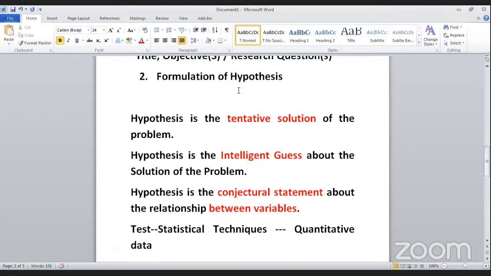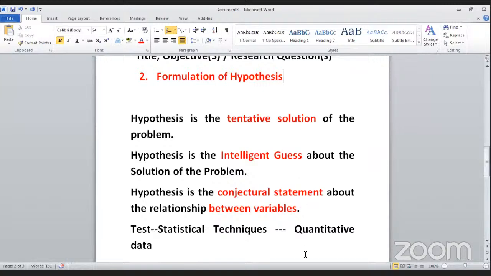If you do not have quantitative data, then you cannot formulate the hypothesis. So formulation of hypothesis is not compulsory. It's not there in all the researches. It is an optional step.